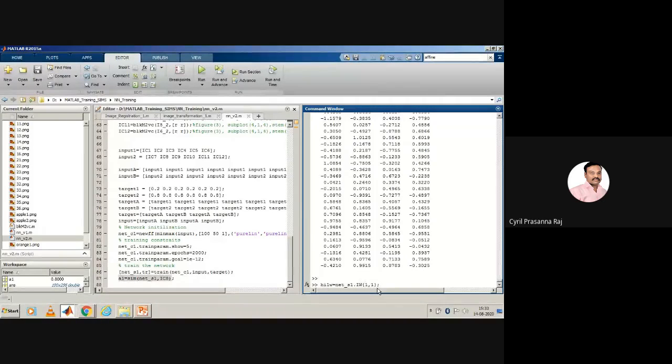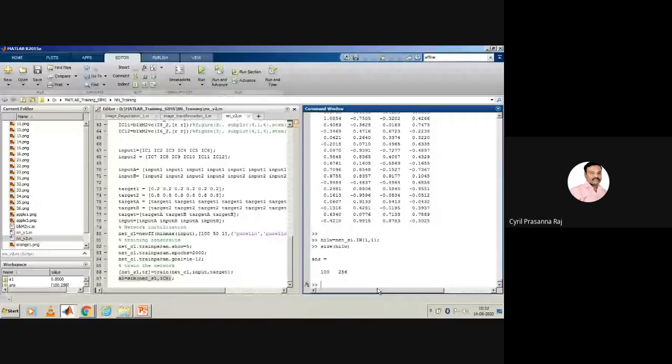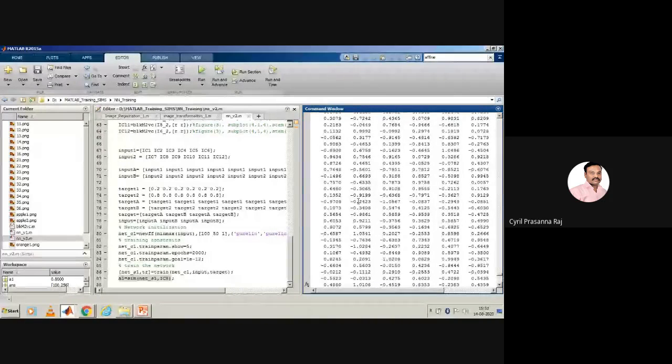Now all the weights are assigned to H1, your hidden layer 1 weights. Then if I type size of H1W, it is 100 cross 256. And what you see on the top are all the 100 cross 256 weights of the first hidden layer.